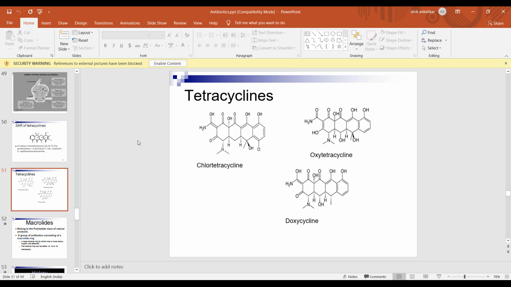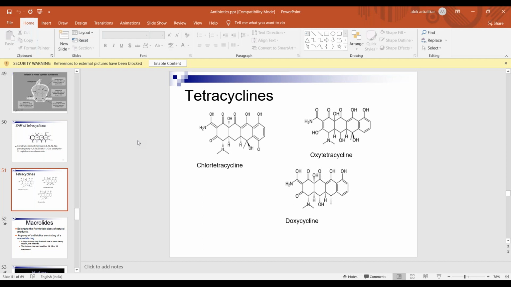They are used in treatment of cholera, E. coli infections, soft tissue and skin infections. They are used as an adjuvant treatment in malaria. Like you are using an anti-malarial drug, and as a supplement to give a synergistic action, tetracyclines are also added. It is used in respiratory tract infections also. Okay, so these are some of the examples of tetracyclines.